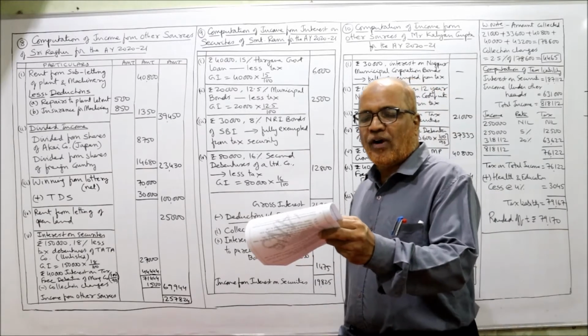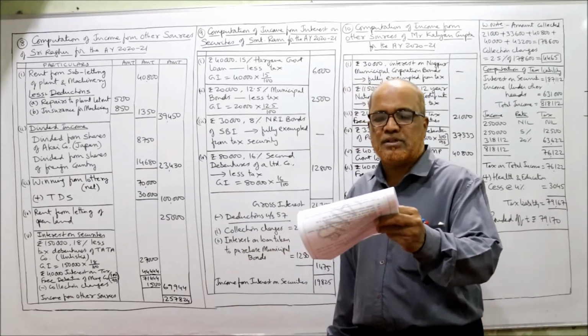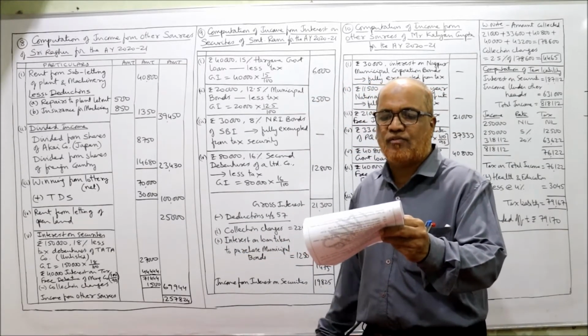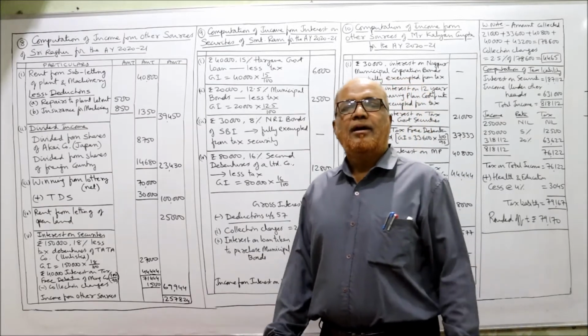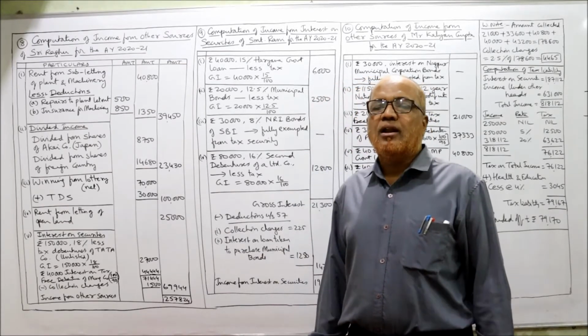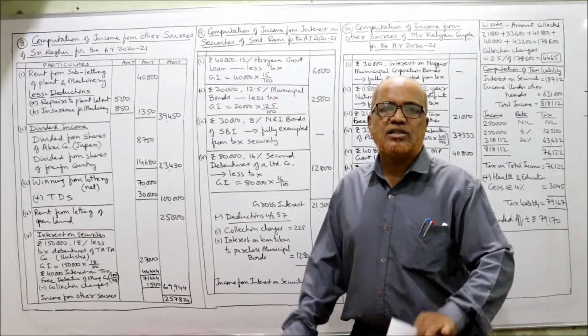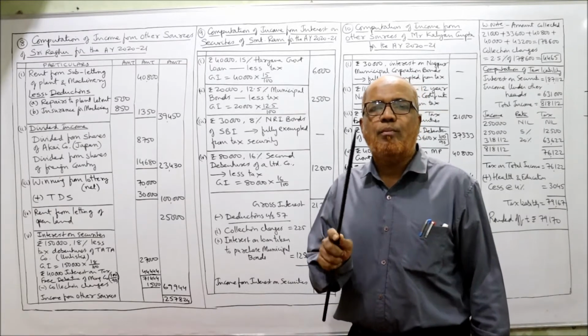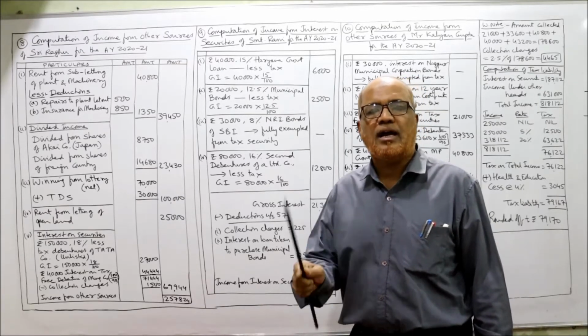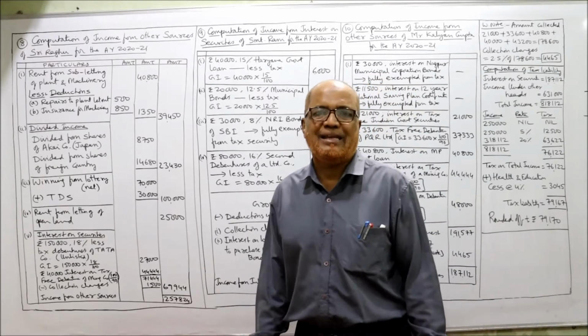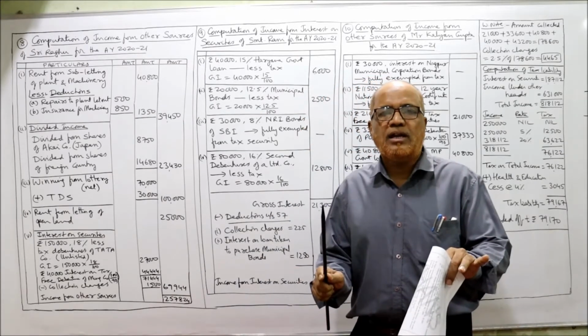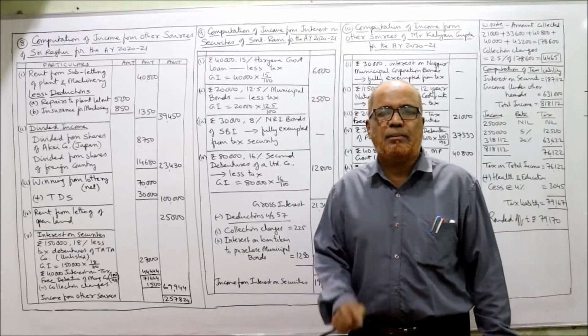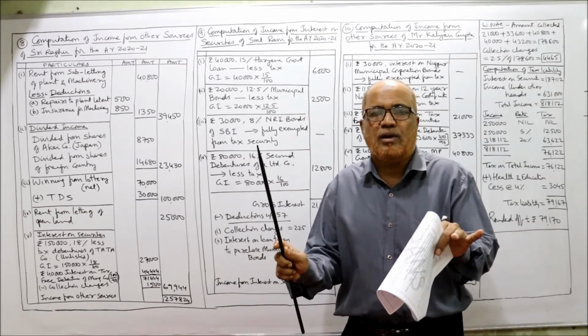Next item, 40,000 rupees, 16% cumulative preference shares of a limited company. Preference shares are not securities. Shares are not security. Security means bonds issued by government and debentures issued by companies. So under security come only two things, bonds and debentures.